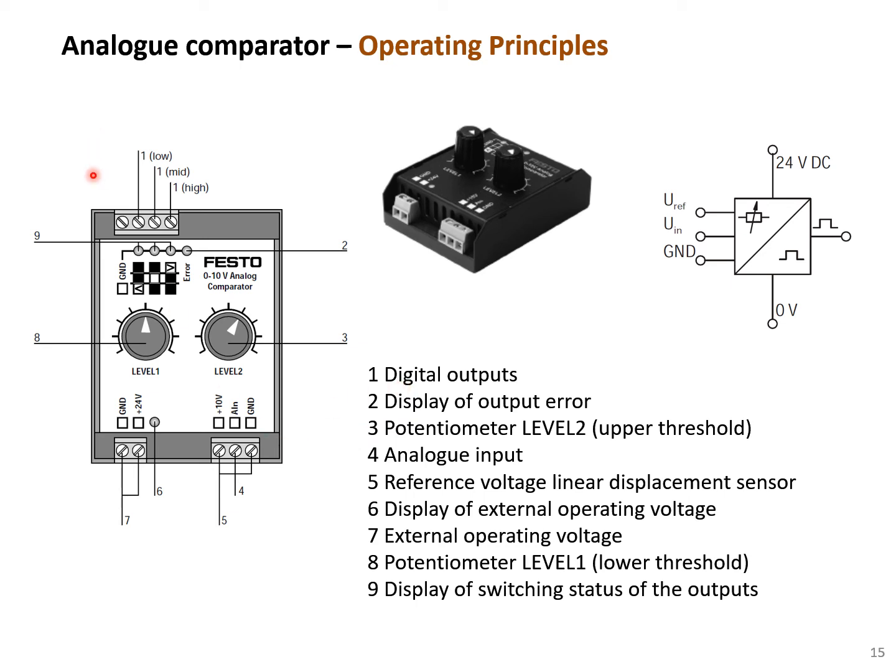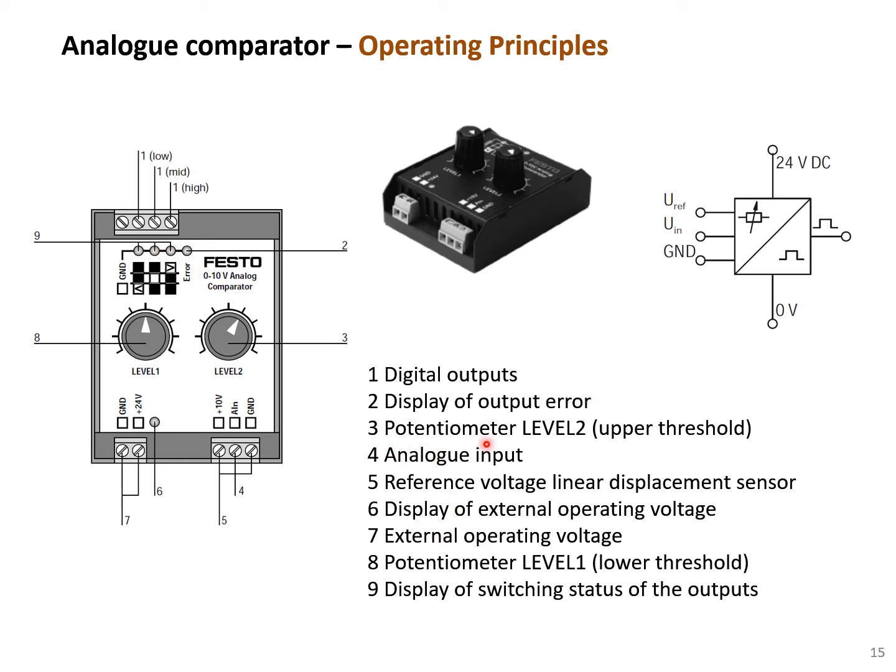And here we have an explanation for each of these components on the comparator. One is the digital output. 2 is the display of the output error. So these are LEDs.